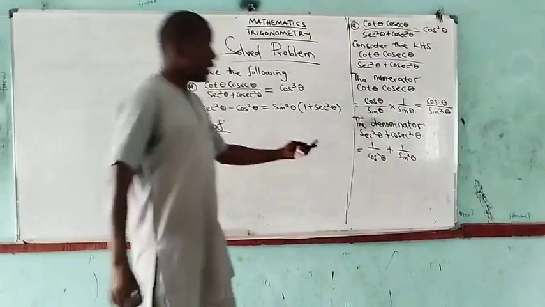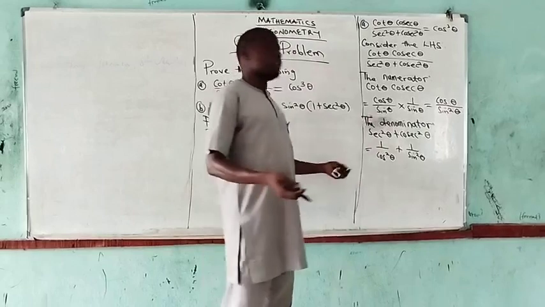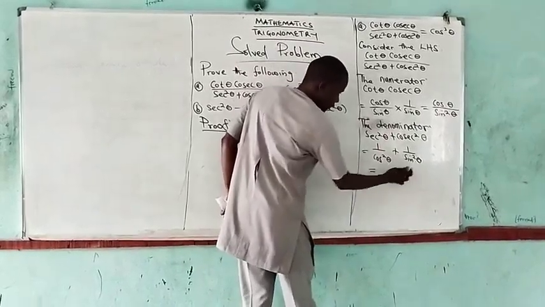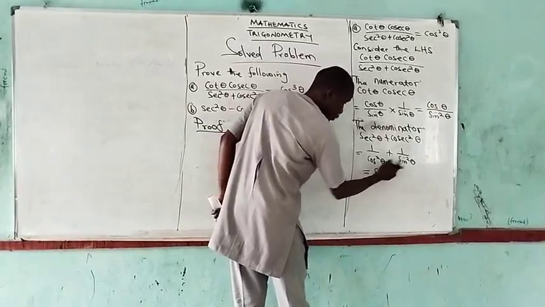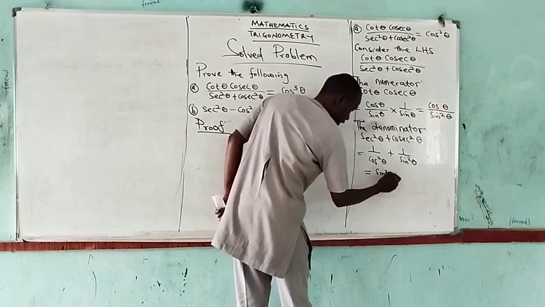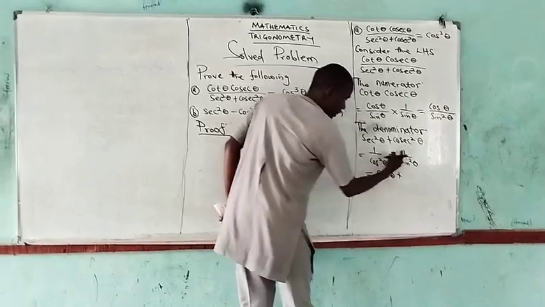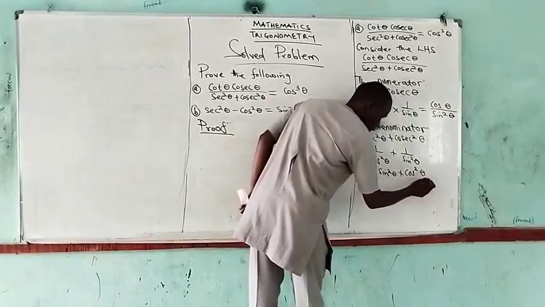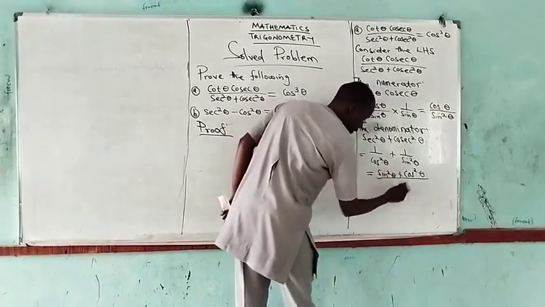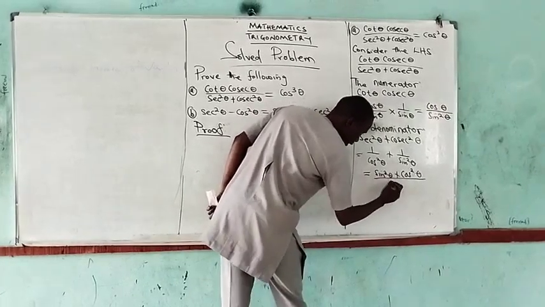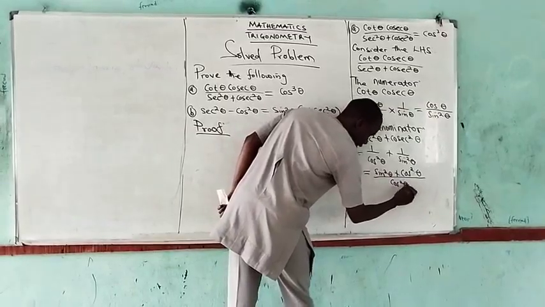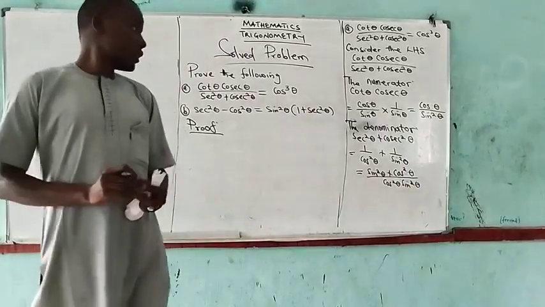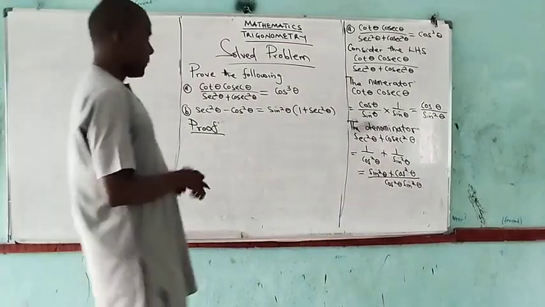We can simplify this using the short way, not necessarily using the LCM. Sine square theta times 1 is sine square theta, plus cos square theta times 1 is cos square theta, all divided by cos square theta times sine square theta.